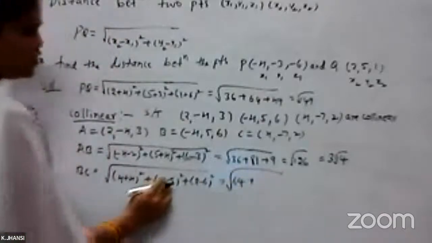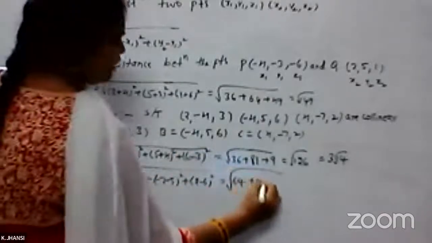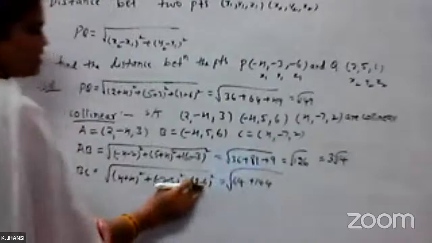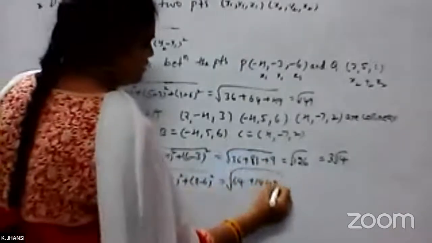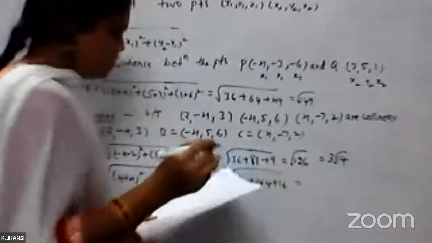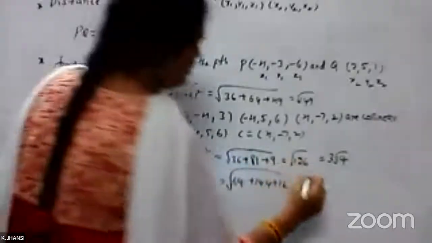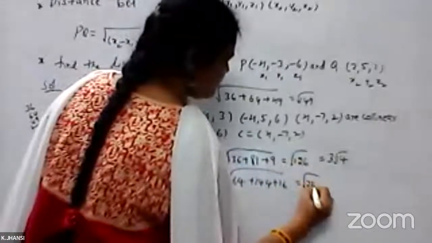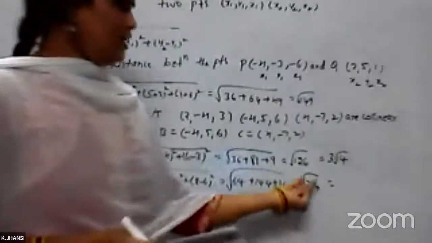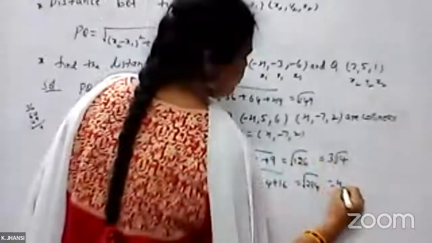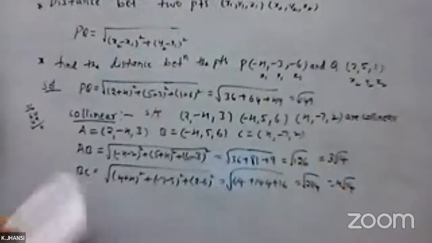And this is minus 12, and minus 12 square is 144. Next 2 minus 6 is minus 4, and minus 4 whole square is 16. So you will get root of 224. You add them and check that one. If you convert the root, you will get 4 root 14. So this is BC.